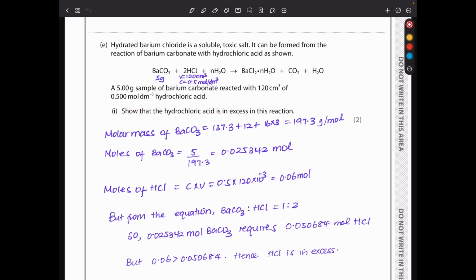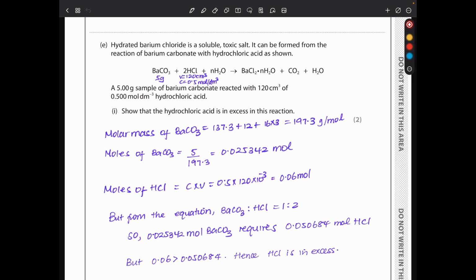So let's begin by getting the moles of barium carbonate. We need the mass and the molar mass, but we need to find that. So the molar mass of barium carbonate, this is for barium, that is for carbon and the 3 oxygens. I got that. So then moles of barium carbonate will be the mass divided by the molar mass, giving us that. And then the moles of the acid, concentration times the volume.